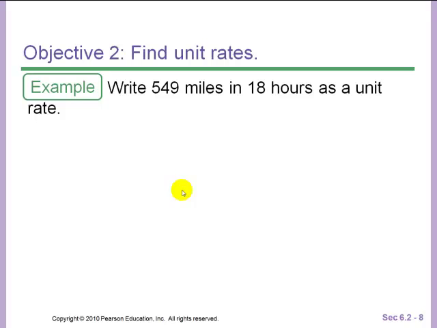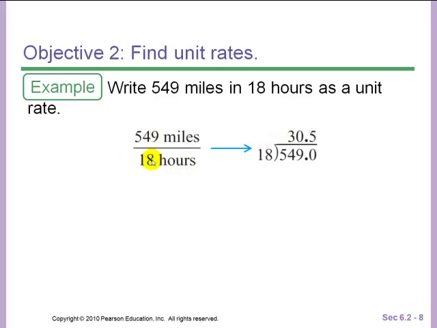Write 549 miles in 18 hours as a unit rate. We have 549 miles divided by 18 hours. We're simply going to do this long division, 18 on the outside, 549 on the inside. In this case we need a decimal. Whether you have decimals or fractions is determined by the values. If you have a terminating decimal, or if the problem tells you to round, go ahead and use decimals.